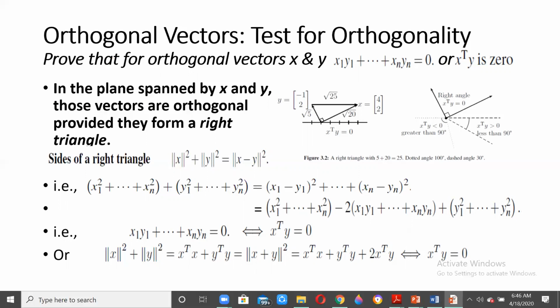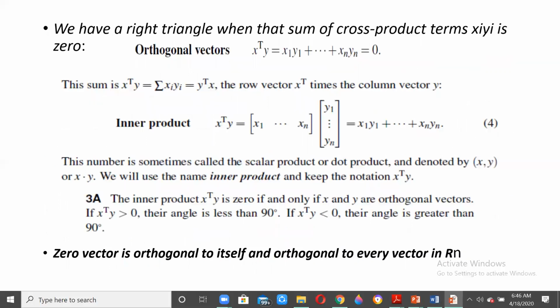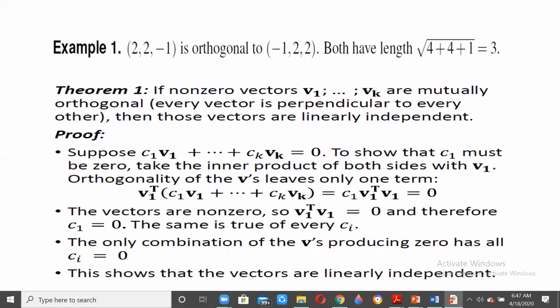We considered the proof of that, and then we said that the zero vector is orthogonal to itself and orthogonal to every vector in R to the power n.